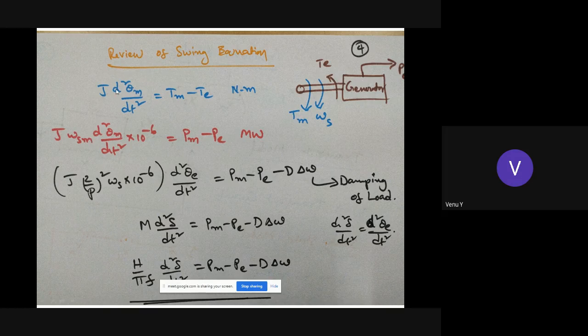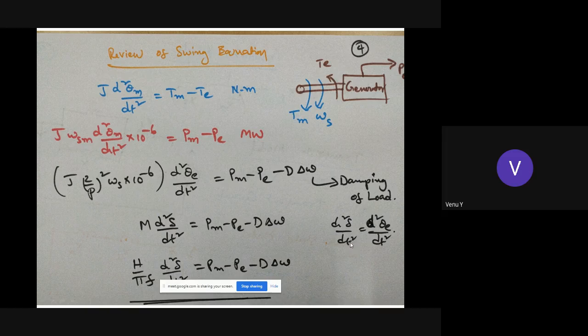So this entire equation you can multiply with omega sm, the synchronous speed, so that you will get the swing equation: M d square delta by dt square equals Pm minus Pe minus D into delta omega.